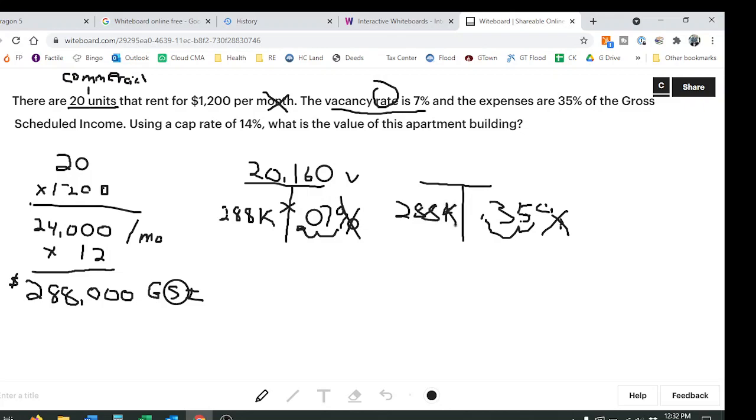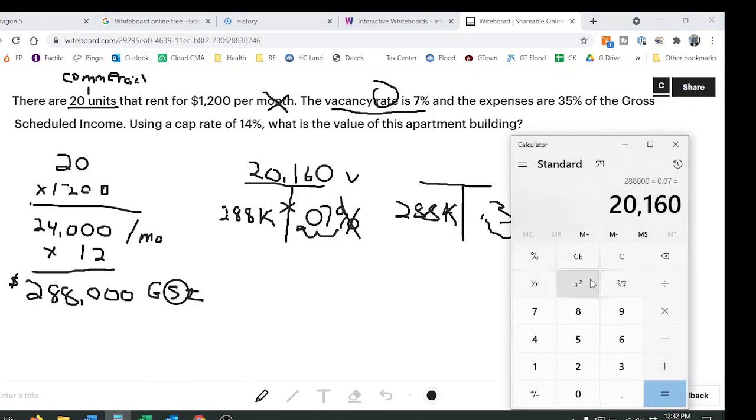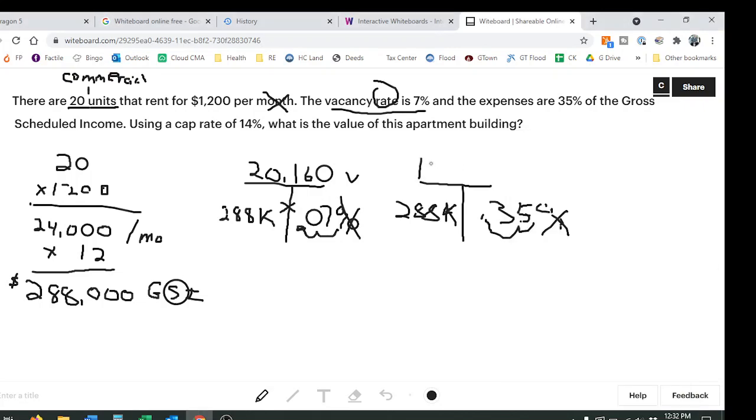This is really hard to draw. I'll clear out the calculator: 288,000 times 0.35 for the expenses. So the expenses are 100,800. I'll write 100,800 here, and that's E for expenses.